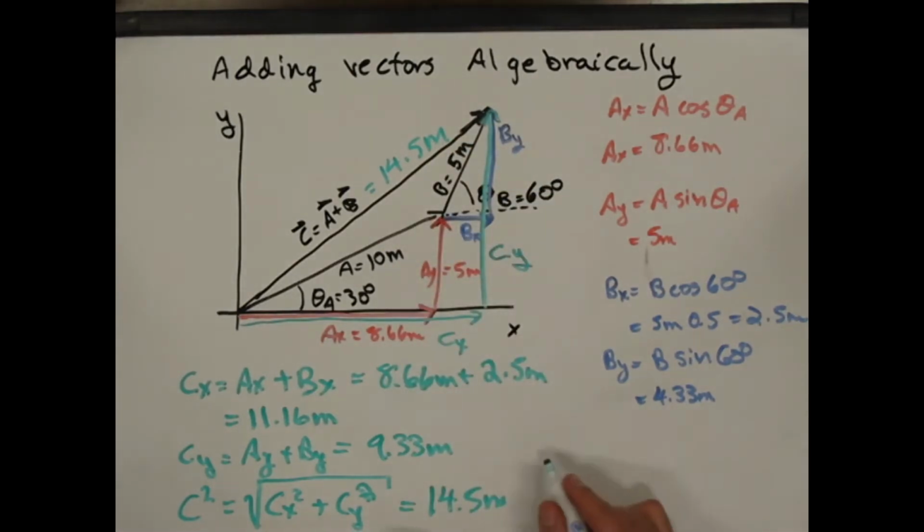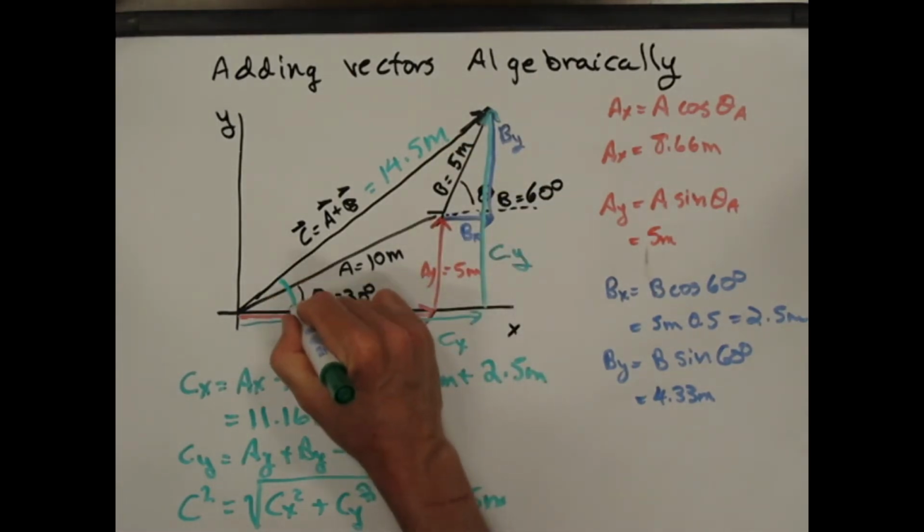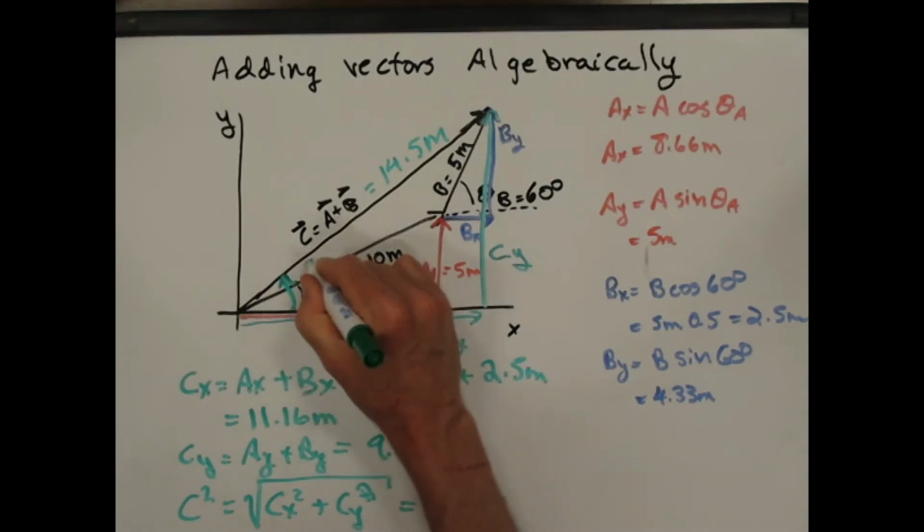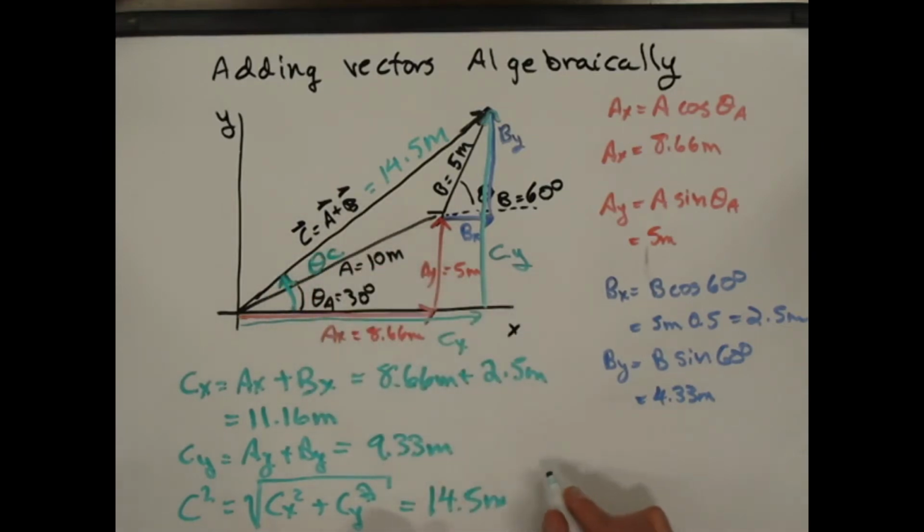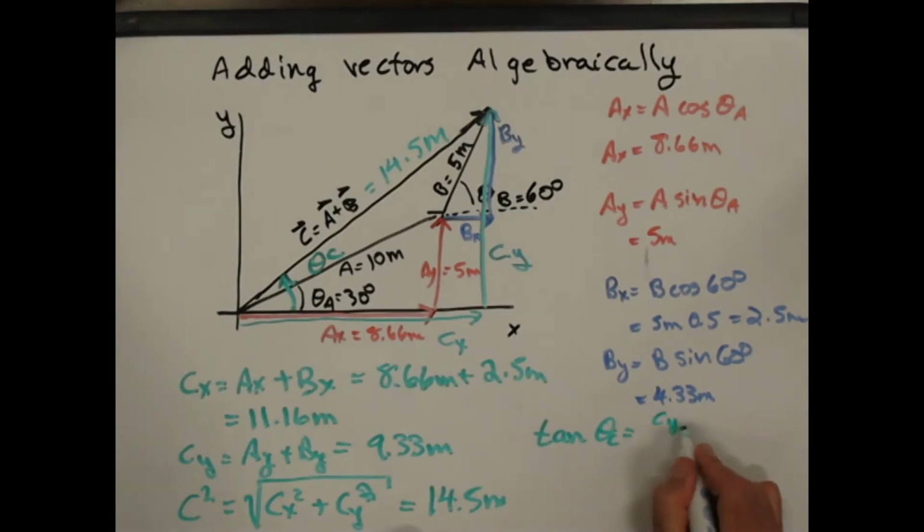Similarly, if I want to call this angle theta C, I can say the tangent of theta C is equal to C sub y over C sub x, so that theta C is equal to the inverse tangent of C sub y over C sub x.